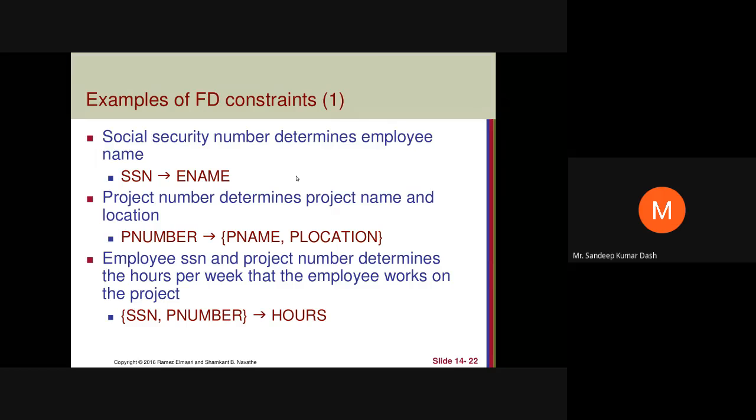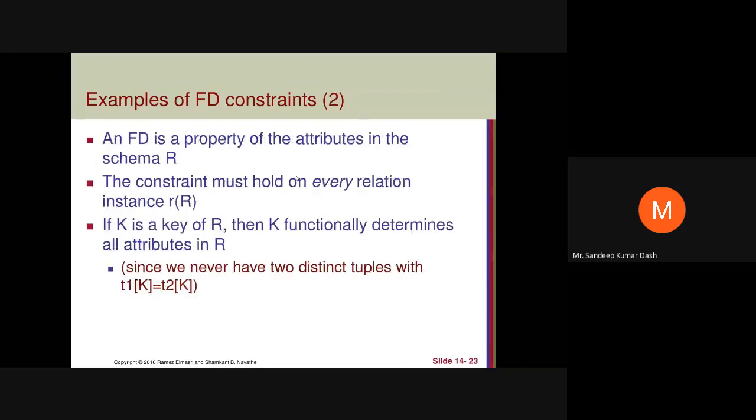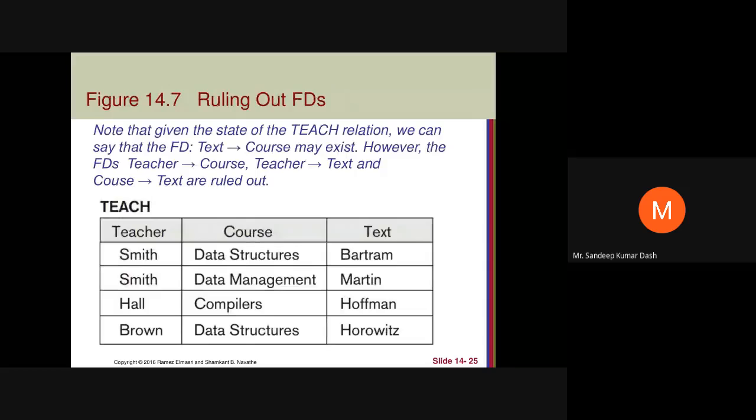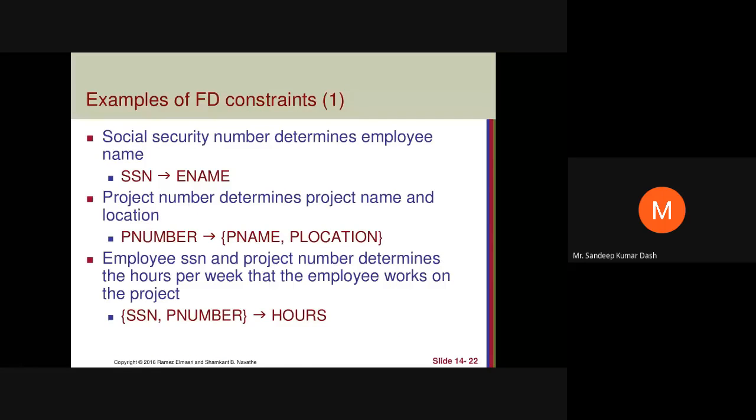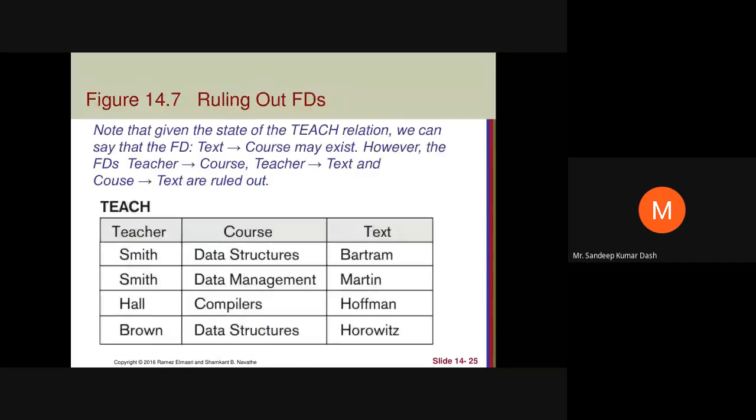Getting my point? This is a somewhat deep concept. Suppose I am saying that SSN is the primary key. The value of SSN will never be repeated again in any of the other rows. Yes or no? So you will find this kind of concept, that Bartram is determining data structures. Suppose if at all you are inserting Bartram somewhere, then you have to see what is the value present here.